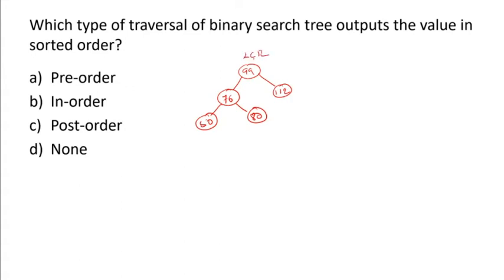Left, center, right. Firstly you go to left, here also left, center, right. You go to left, you find that left is 50, then you take your center, which is 76. Next your right, which is 80. You come back, tell that center left is over and traverse the center, which is 99, and then go to right 112. This is in order. So in order gives you the values in sorted order, right?